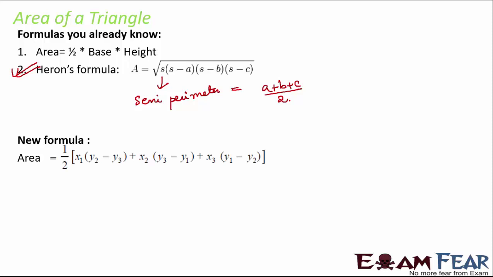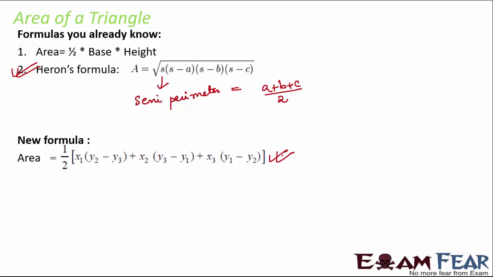Now, the new formula in terms of coordinate geometry is: area is equal to half times x1(y2 minus y3) plus x2(y3 minus y1) plus x3(y1 minus y2). See, coordinate geometry is all about the coordinates, so we do not talk in terms of length of sides or the value of the angles. Rather, we talk about the coordinates of various points.